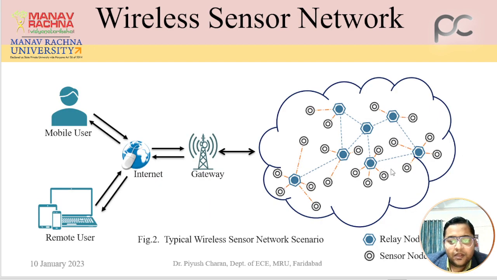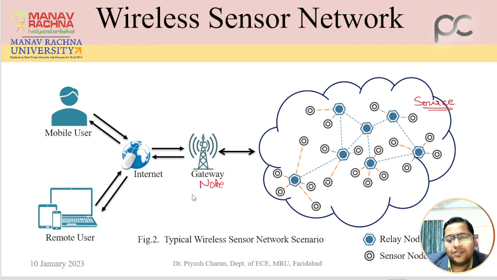So let's move ahead. This is a typical wireless sensor network scenario wherein you can see there is a deployment of nodes. Multiple nodes are deployed. There are sensor nodes as well as relay nodes, and all these are source nodes. And these source nodes collect data, sense data from the environment, send it to the gateway node, and this gateway node transmits this data to the mobile user or end user, remote user through a service called the internet.